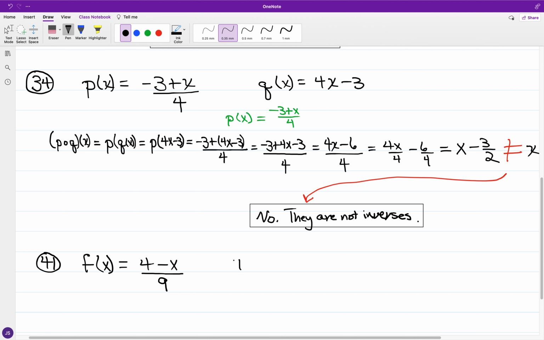So for the domain of f of x, we don't have any restrictions for x. So the domain is going to be the set of all real numbers.